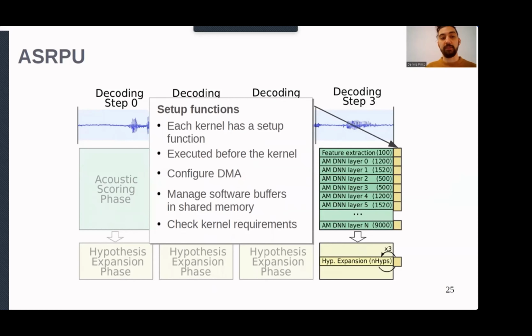These setup functions can serve many purposes. For example, they can be used for prefetching model data, such as DNN weights, and also for configuring kernel parameters, which lets us write reusable code, and for checking the number of available inputs before the execution of the kernel, which provides some runtime flexibility.